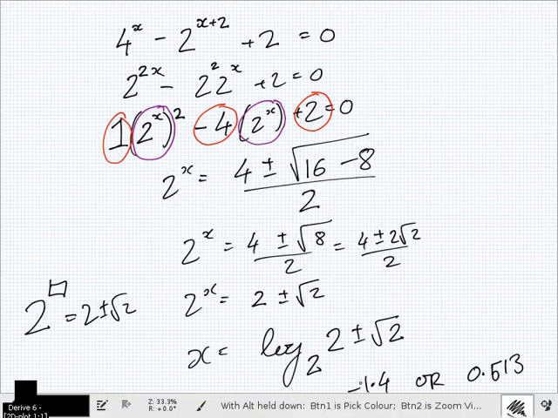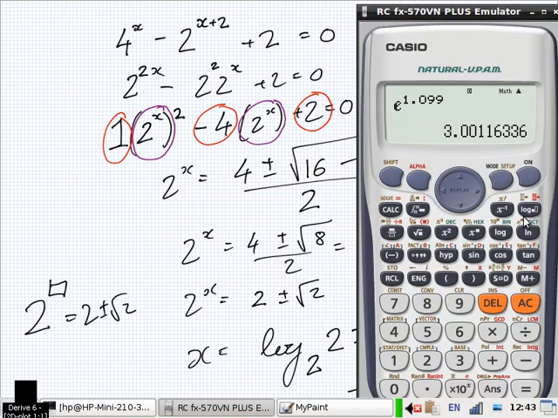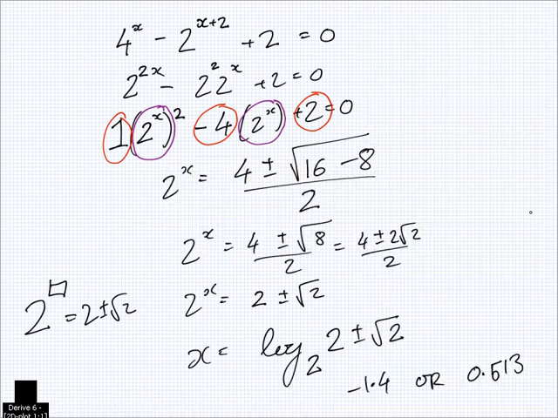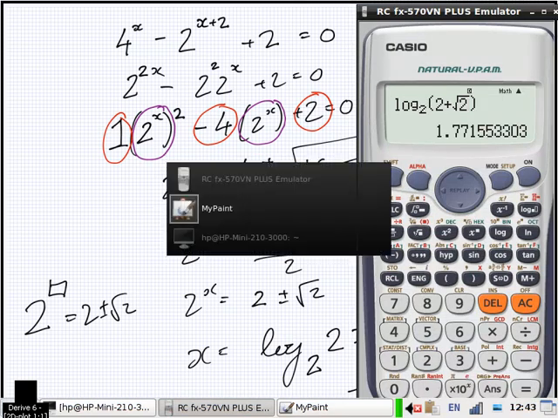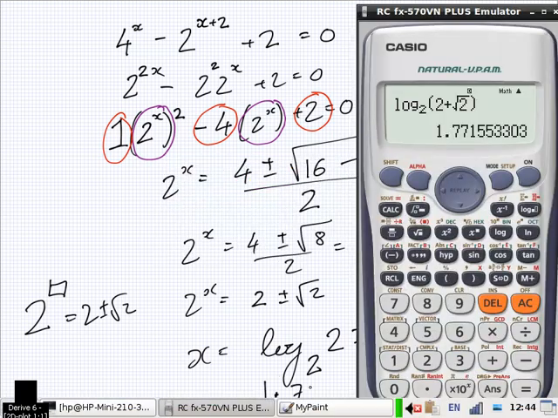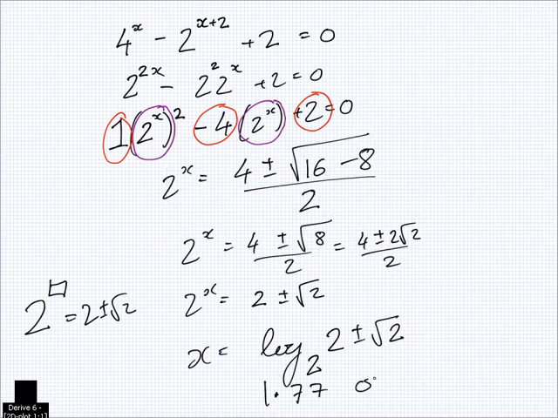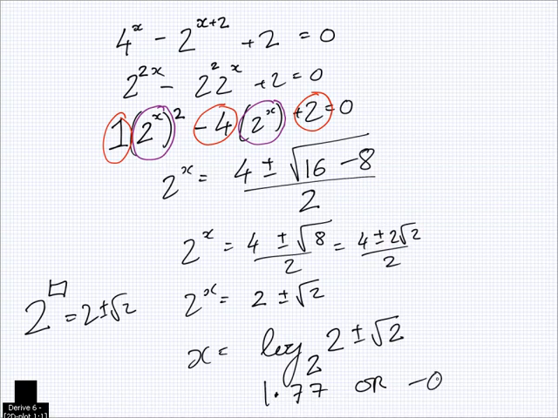Log base 2 of 2 plus square root 2 is 1.77, and my second answer is minus 0.77.